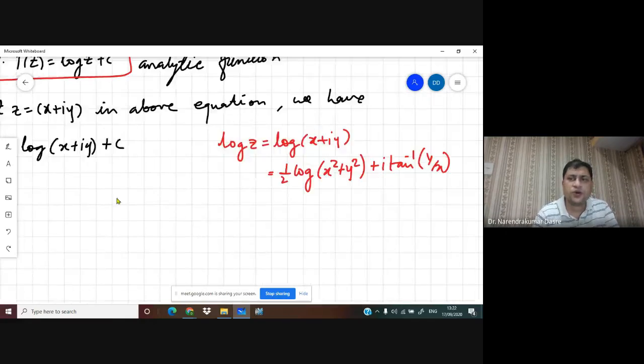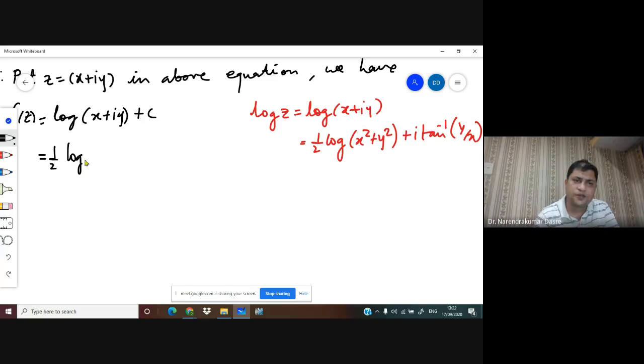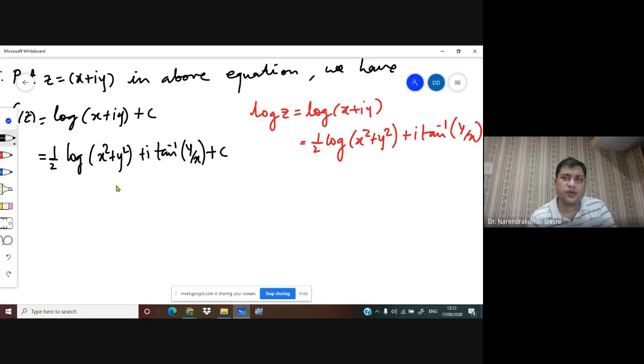This is the formula for the log term, and hence f of z is half of log of x square plus y square plus i tan inverse of y by x plus c.